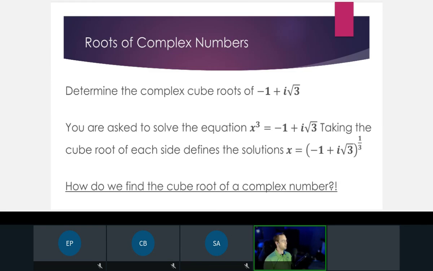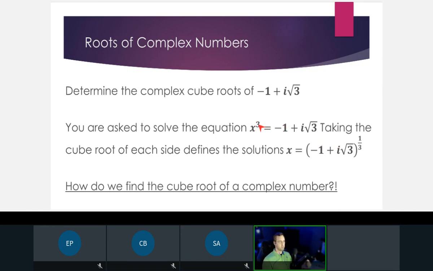Let's go to the last part of this lesson, which is pretty easy too. All right, so to determine the complex cube roots of this, for example, if I have x cubed equals this, and I want to find the cube root, I'm cube rooting both sides.